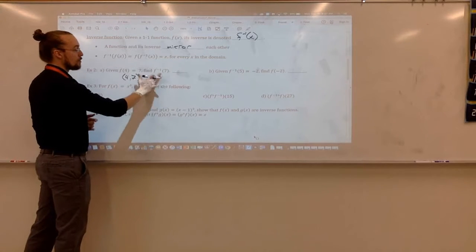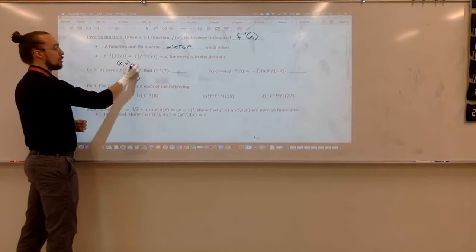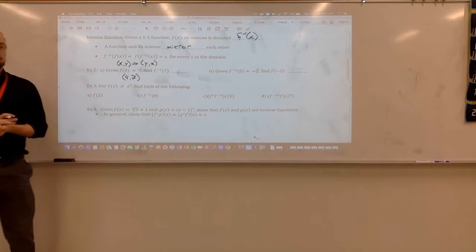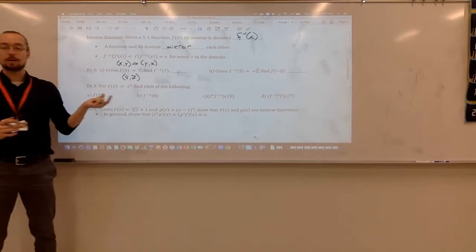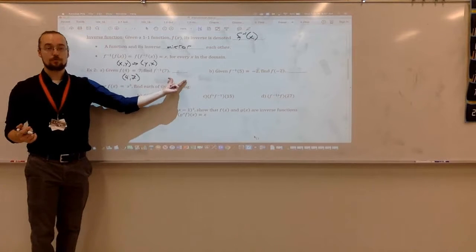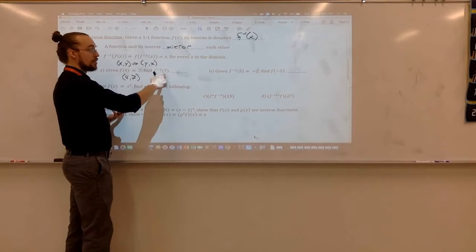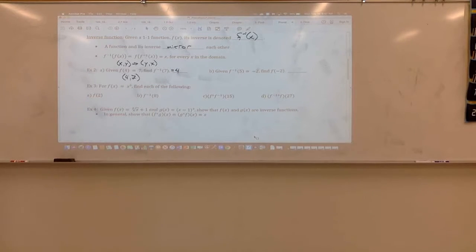For every x, y on the graph of f, the point y, x is on the graph of the inverse. So if the point 4, 7 is on my original graph, the point 7, 4 is on the graph of the inverse.